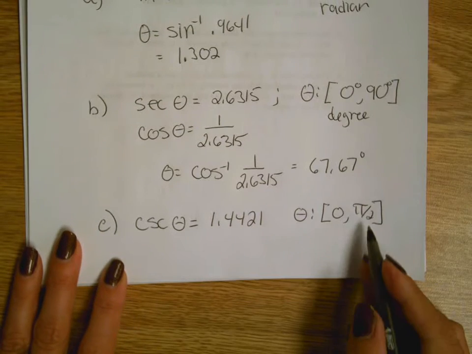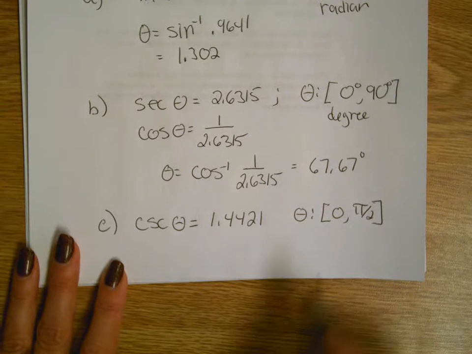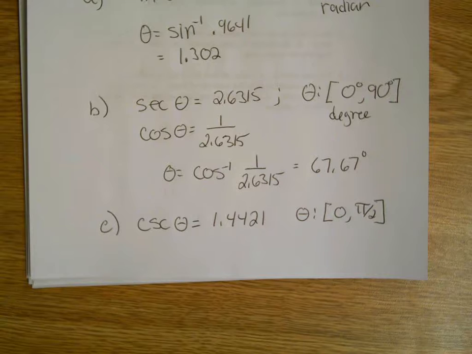So that doesn't mean you're going to have pi's in your answer, it just means you're going to be in a certain mode. Go ahead and try that one. All on your own. Let your fingers do the walking.